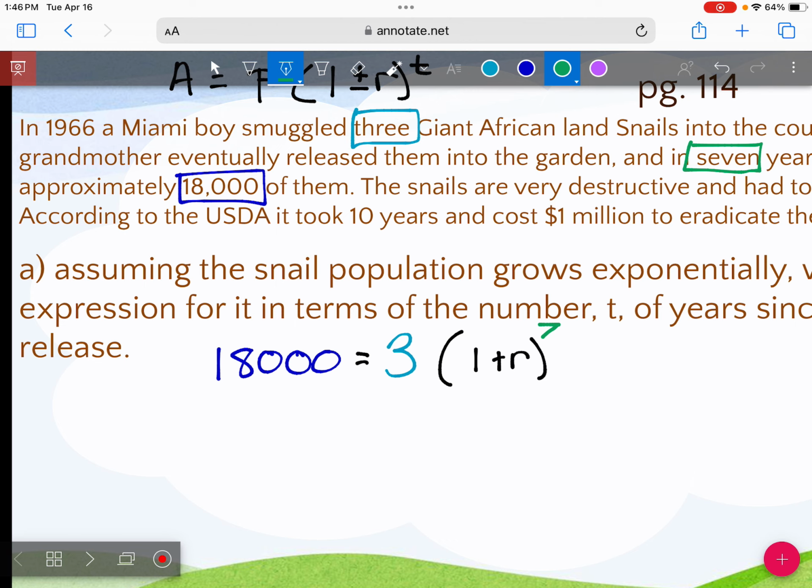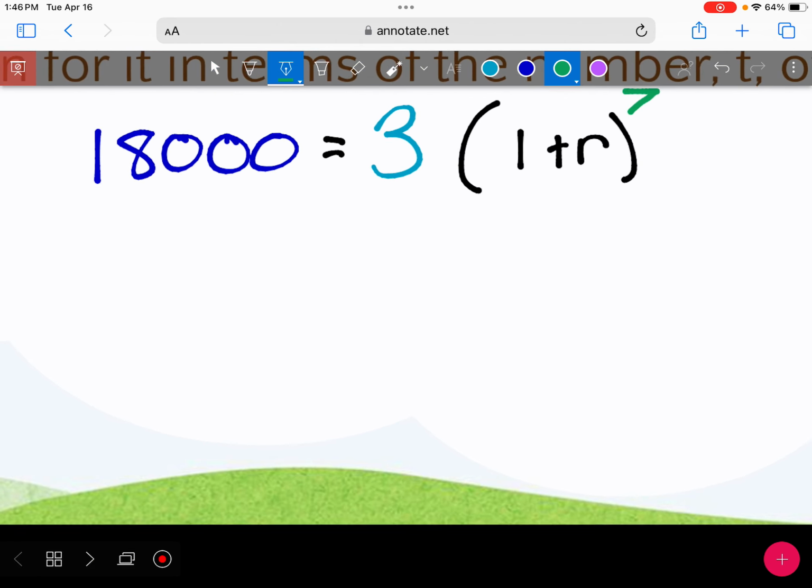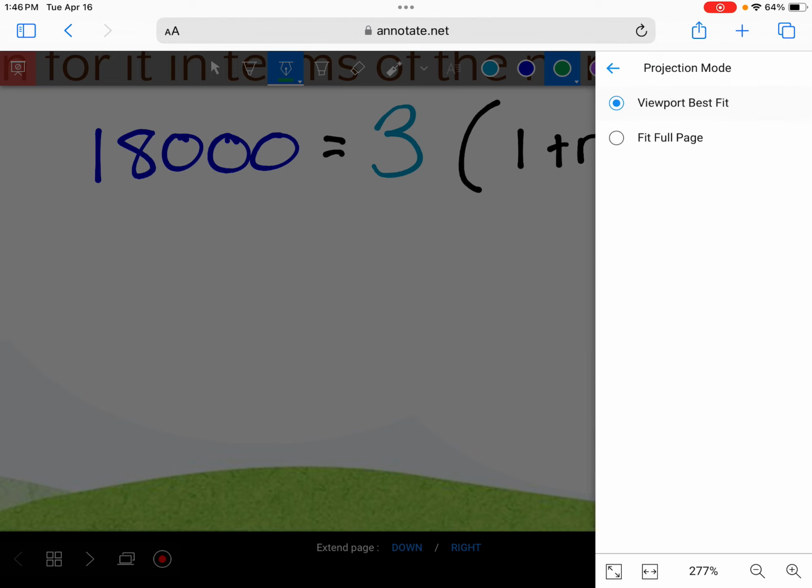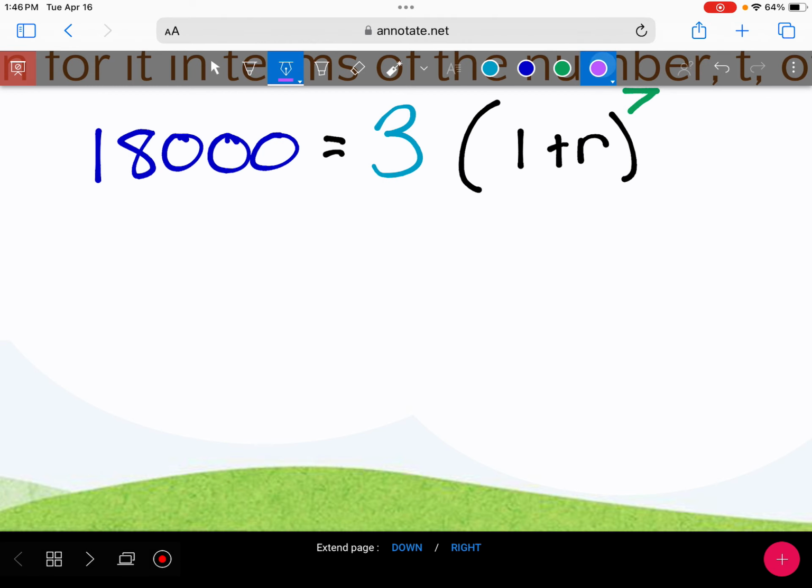We're not going to distribute because it's got an exponential on it. What could I do instead of distributing it? What if we divide? I have this 3 times the thing. Let's get that 3 to go away so that we can deal with the exponential piece all by itself.